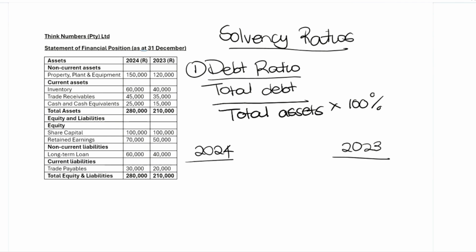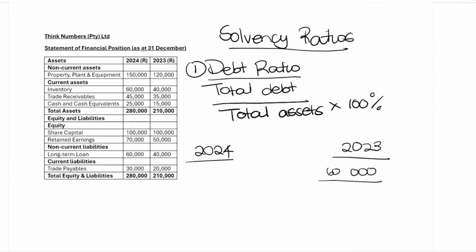We want to start off with 2023, and we're going to look for our total debt or our total liabilities, which is in the last part of my statement of financial position, where we can see that our long-term loan in 2023 had a value of 40,000, where our trade payables, our current liabilities, were 20,000. So our total debt in 2023 amounts to 60,000, where we're going to divide this by our total assets.